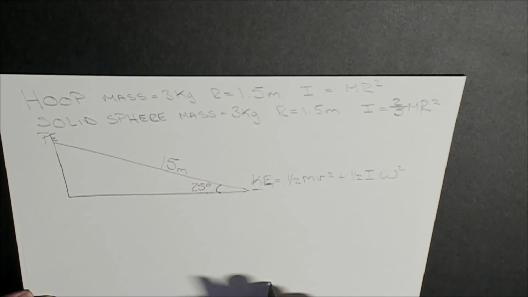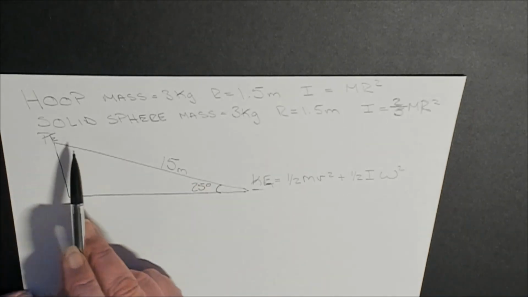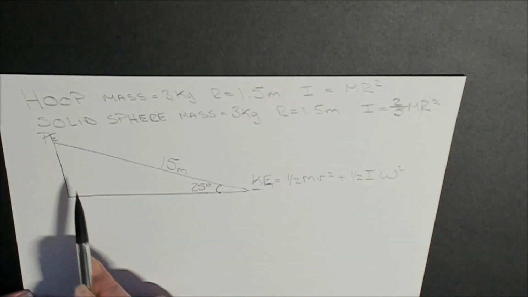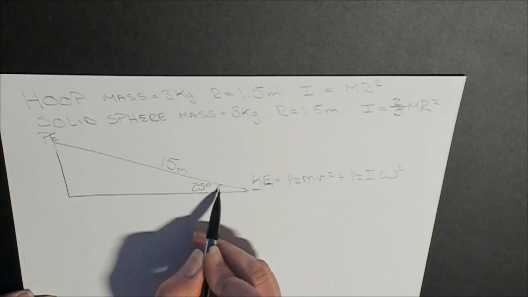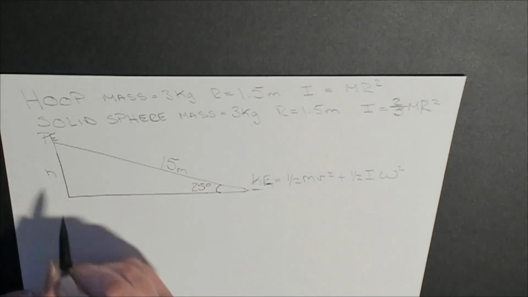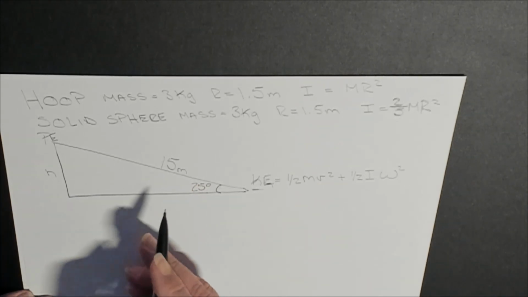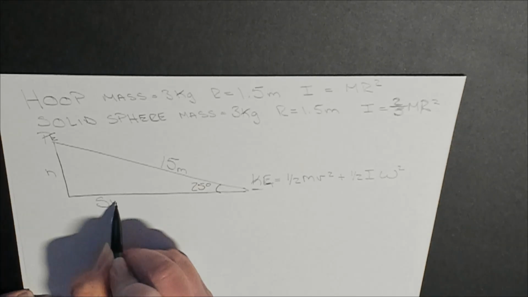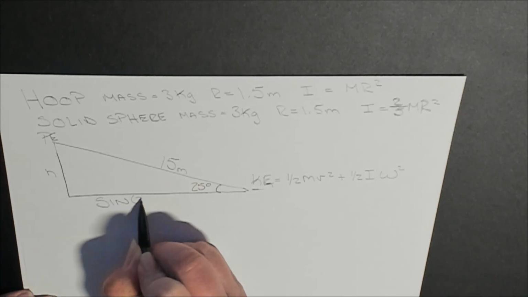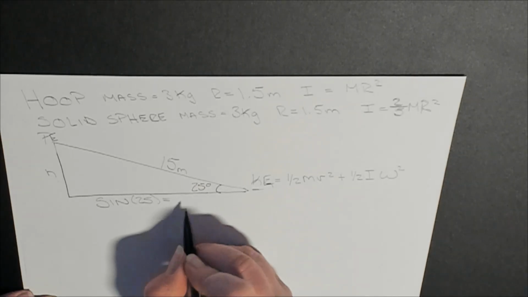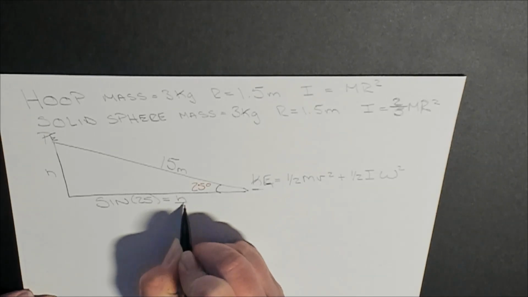All right, and now if I'm going to relate potential energy to motion, then I definitely need the height of this thing. So I can remind myself, height is over here. Sine is opposite over hypotenuse. So sine of 25 is going to equal opposite over hypotenuse, h over 15.